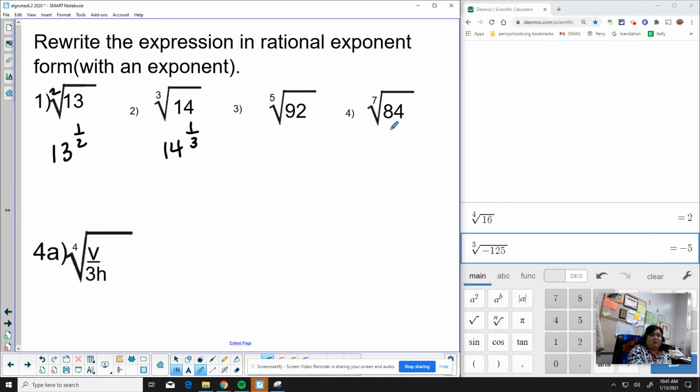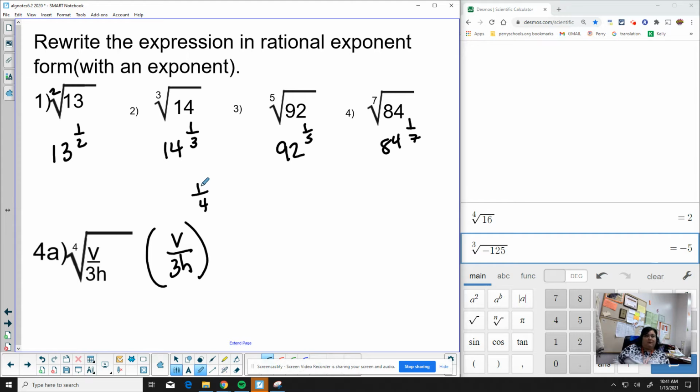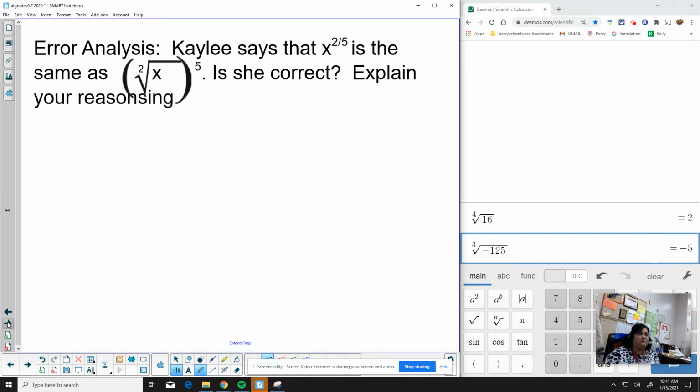If you want to try the rest of these, you can press pause and give them a try. But this is just 92 to the 1/5, 84 to the 1/7, and even though this is an expression, it's still just v over 3h all raised to the 1/4 power. So the index goes in the denominator when you rewrite it in rational exponent form.